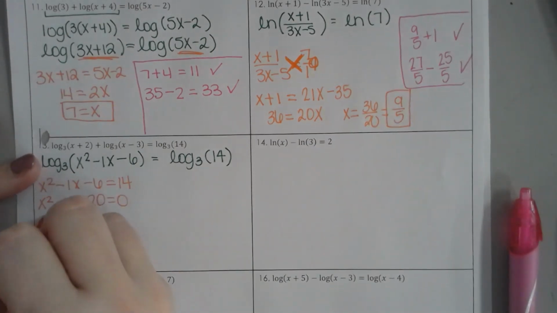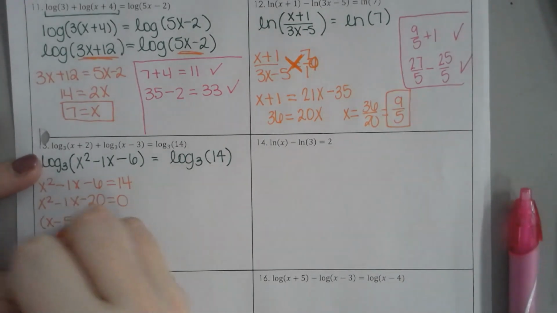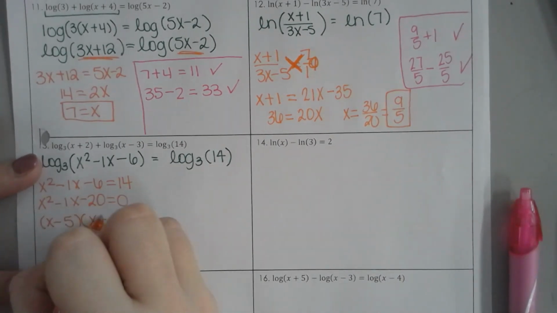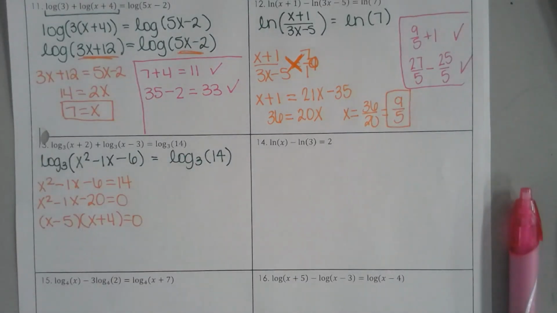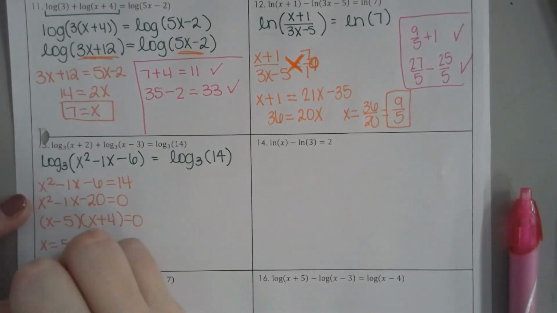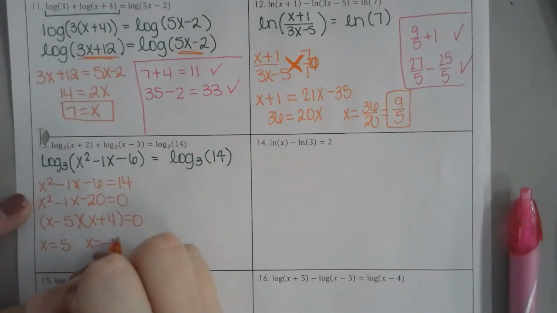So this factors into x minus 5, x plus 4 equals 0. And so that means I have x equals 5 and I have x equals negative 4.